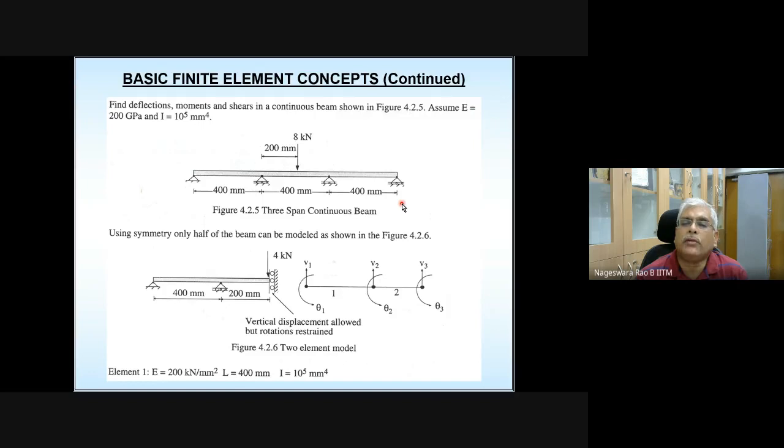V1, V2, V3, V4 are going to be 0. Unknowns are going to be theta 1, theta 2, theta 3, theta 4, the rotations at each of these points.